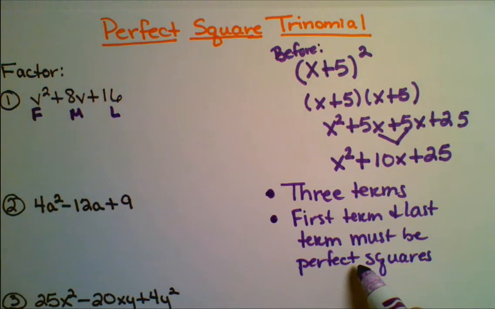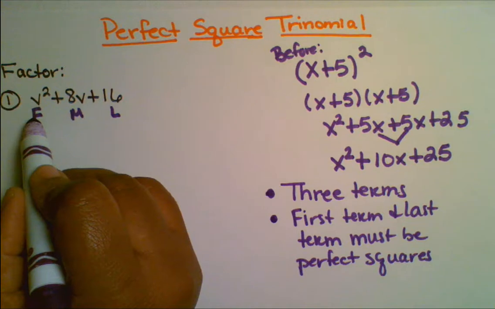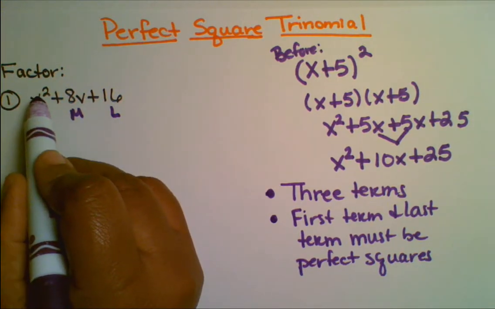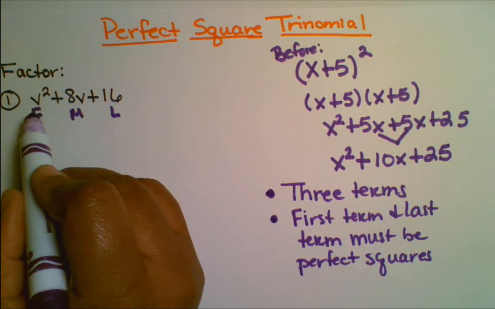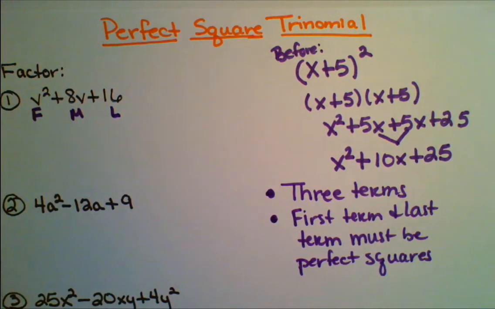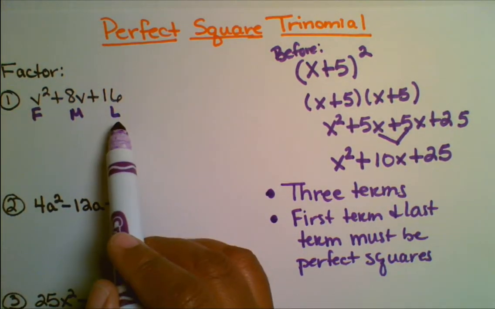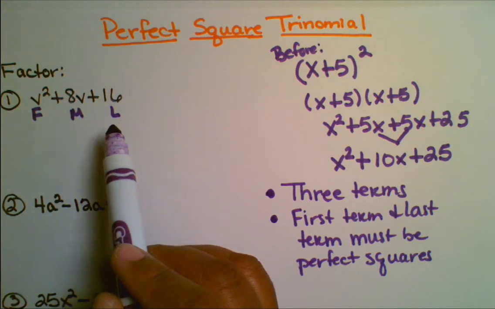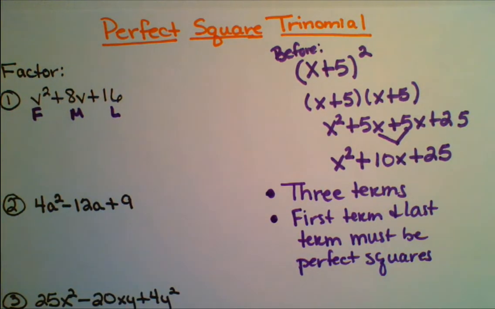The second bullet, the first term and last term must be perfect squares. Well, the first term v squared is a perfect square because you can find 2 identical factors that would give you v squared. And the last term of 16, we can find 2 identical factors that would give us 16.